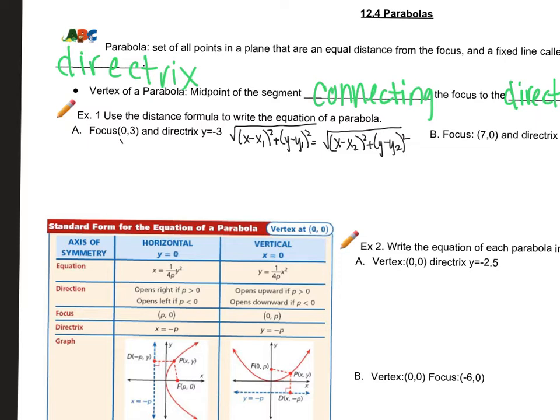So this is going to be my x1, y1. We do not have an x2, and my y2 is negative 3.